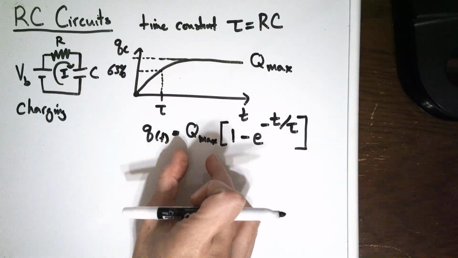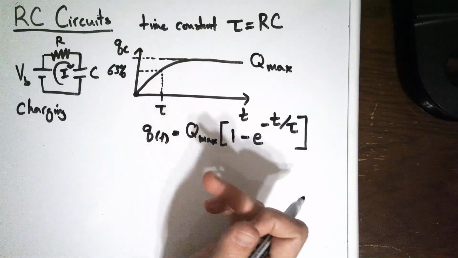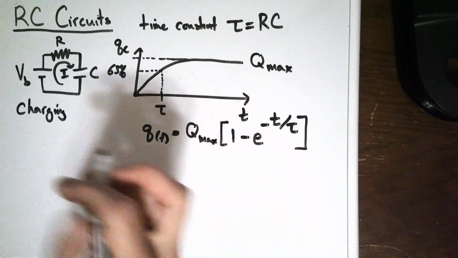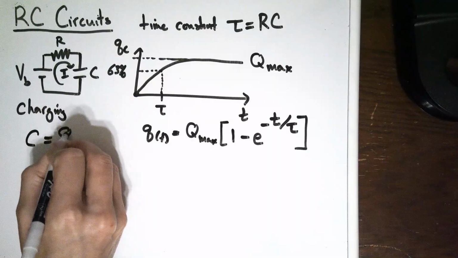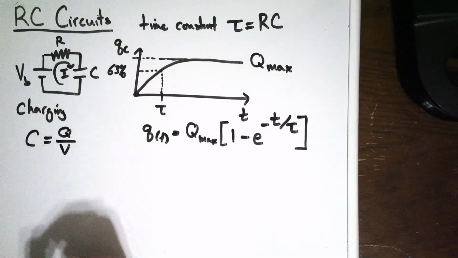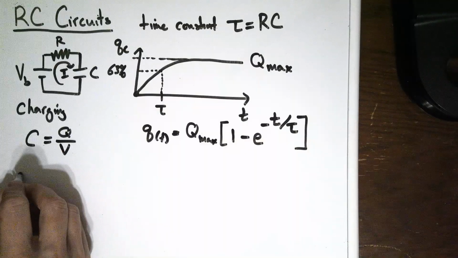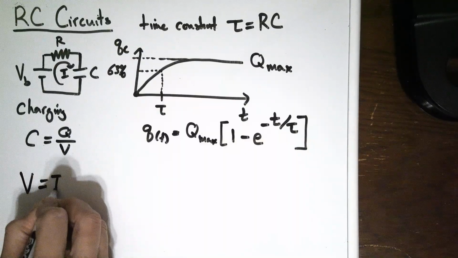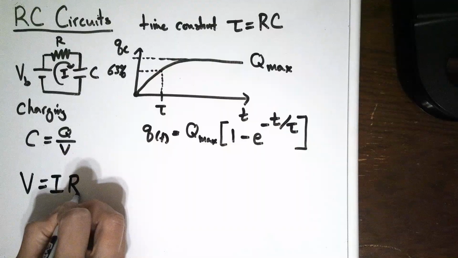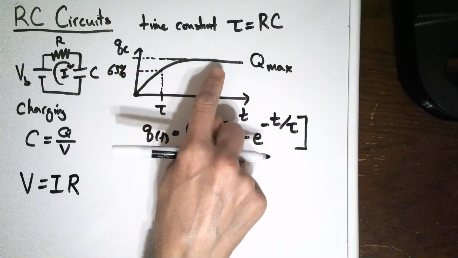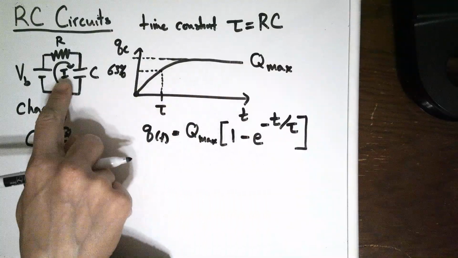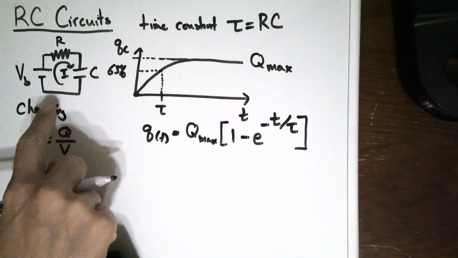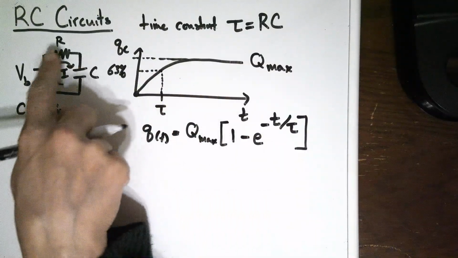All right, and Q max, well, we can actually figure out what that is if we remember how capacitors work. That is what the capacitance is, and then just to get it down, we also have Ohm's law for the resistor. So when the capacitor is completely charged up here at Q max, the current actually goes to 0 because it can't push any more charge on the capacitor.